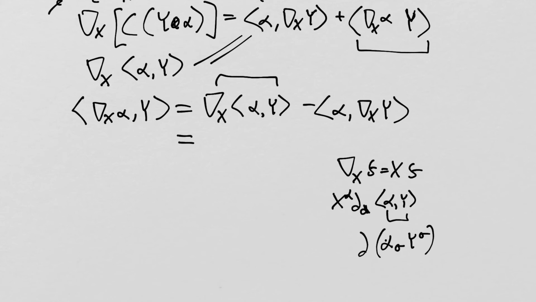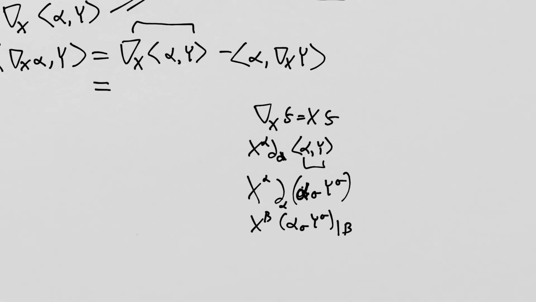So the partial derivative of that, I'm using alpha as a subscript and as the name of the one form, I think you can deal with that. That is going to be x. Let me change it to beta. x^β ∂_β(α_σ y^σ), like that, right?